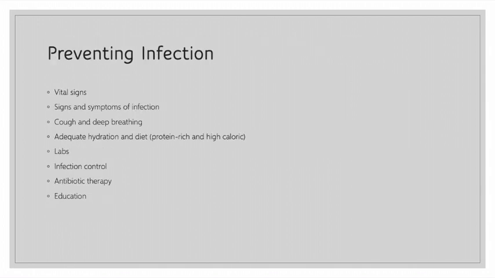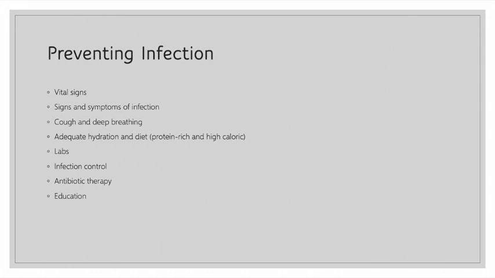So preventing infection, we're going to want to monitor our patient's vital signs, so things like fever, tachycardia, tachypnea, and look at signs and symptoms of infection. Like fever, diaphoresis, cloudy urine, frequent small urinations, yellowish green sputum, muscle aches.